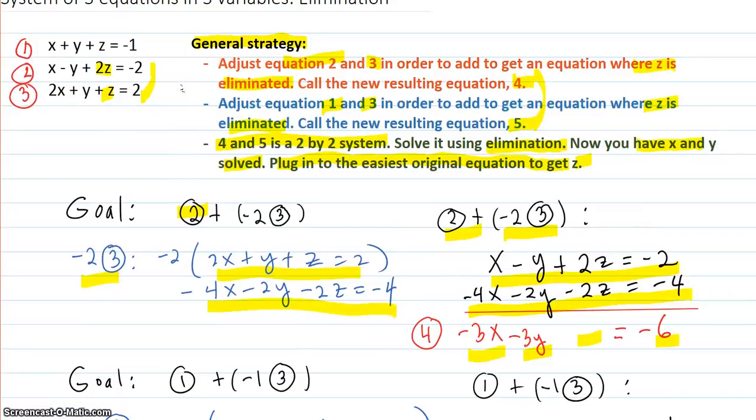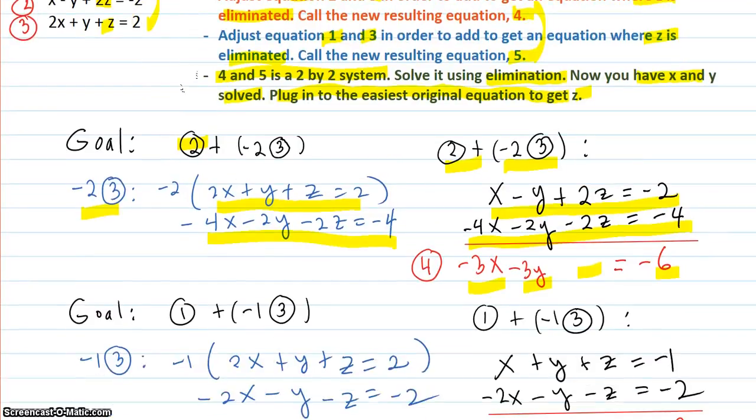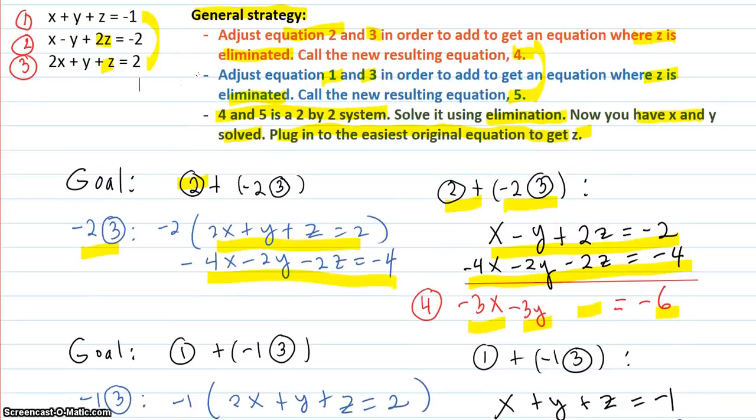Now I'm going to work on 1 and 3. I mapped out the strategy for 1 and 3. So if I have a negative 1 in front of this z, then when I add it to this z in number 1, it'll cancel out.